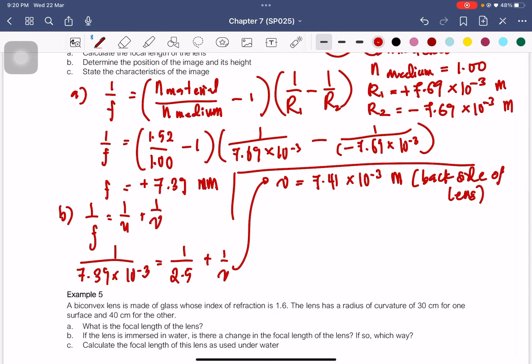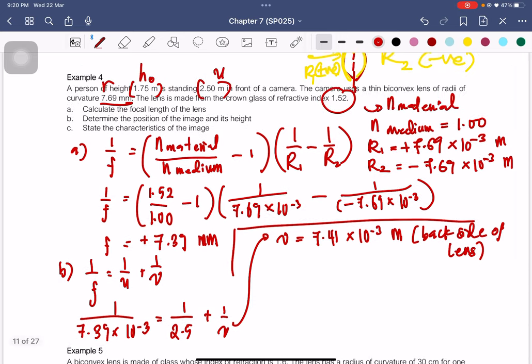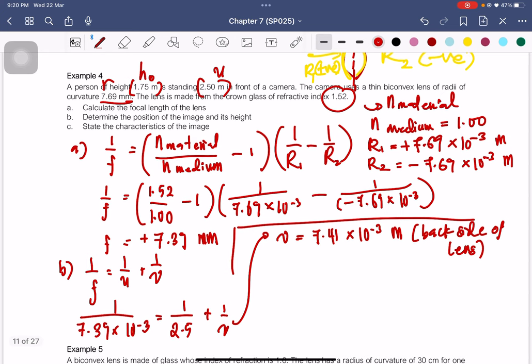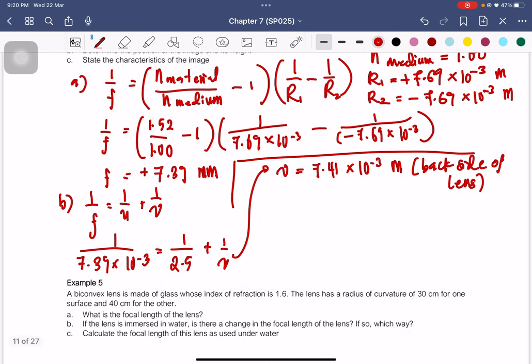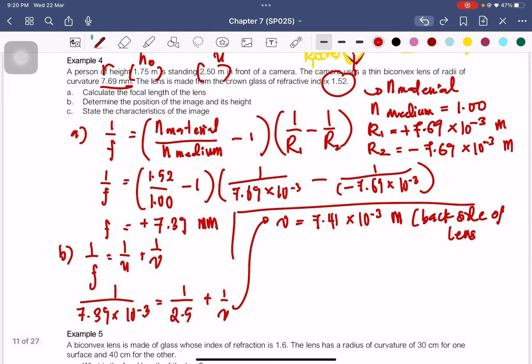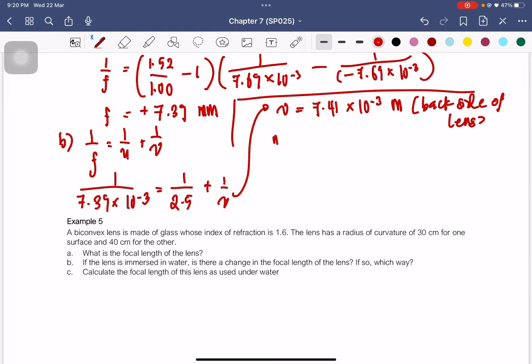Then we need to find the height. So how do we calculate the height? We can use the magnification formula, which is m equal to h_i over h_o equal to negative v over u.